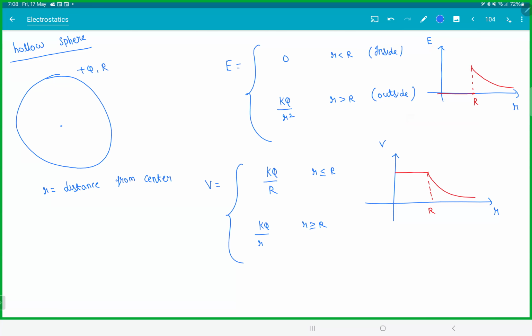That means if Earth was a hollow sphere, and I threw you inside, you'd be floating inside, isn't it? Clear?